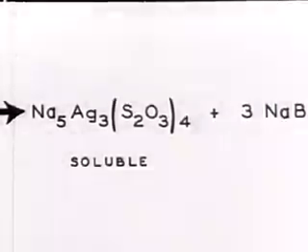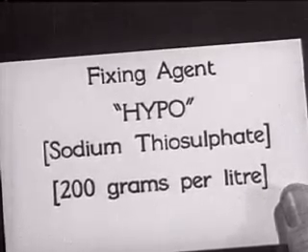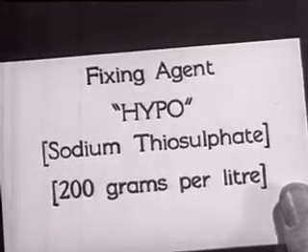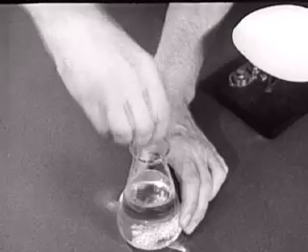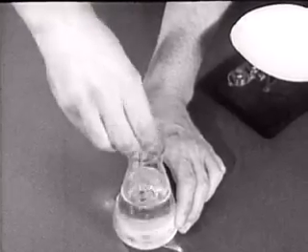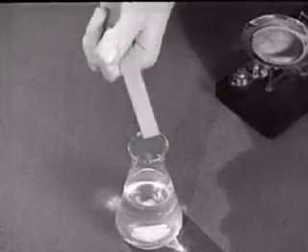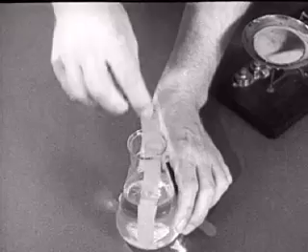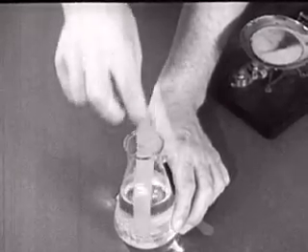This action not only makes the film transparent where there is no image, it also makes the image permanent, since the action of light by itself would gradually cause the unremoved silver bromide to darken. In this demonstration, we observe that a piece of undeveloped film becomes transparent when agitated in a strong solution of hypo, because the silver bromide is converted to soluble silver thiosulfate.